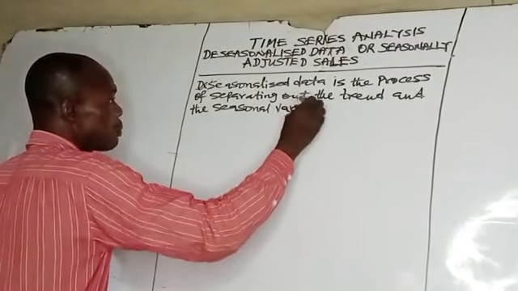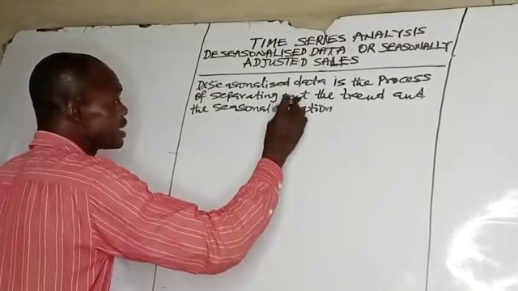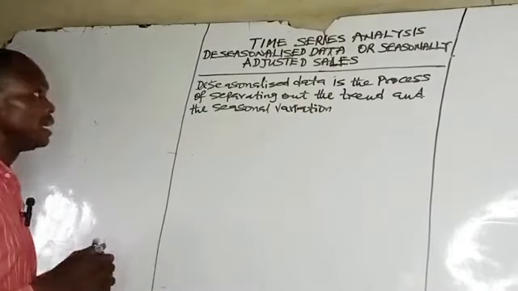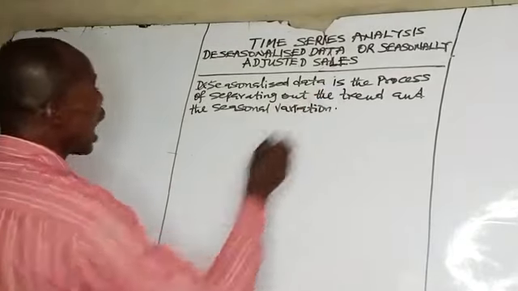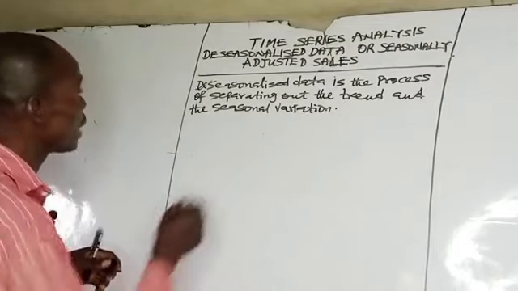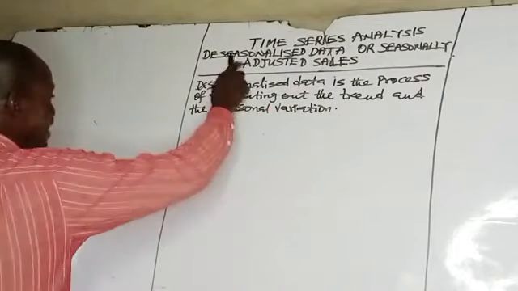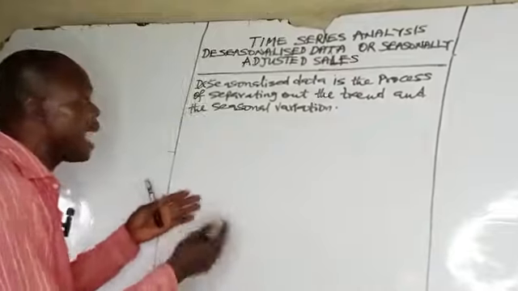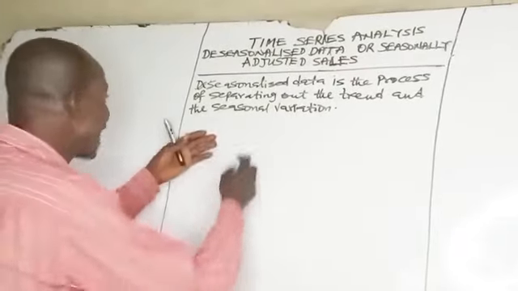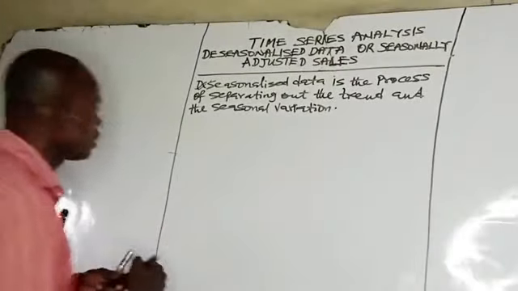The process of separating out the trend and seasonal variation is said to be the seasonally adjusted sales or deseasonalized data. In my earlier videos, I've examined the models of time series.